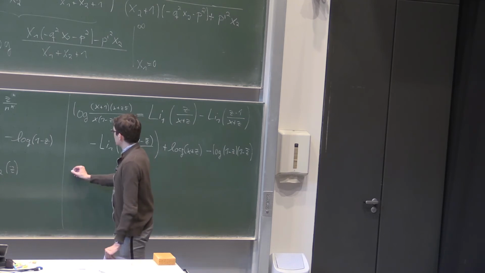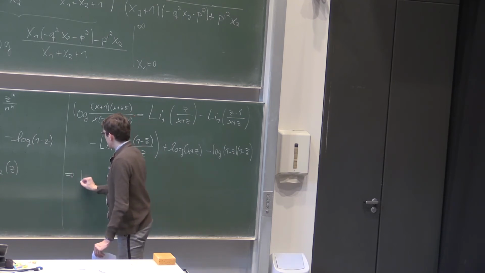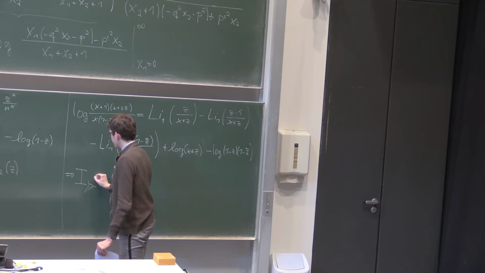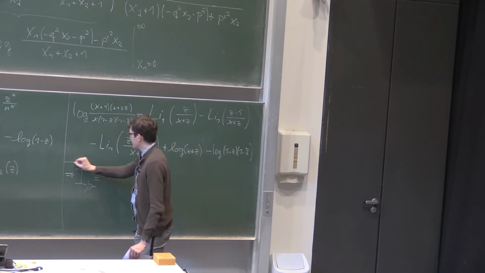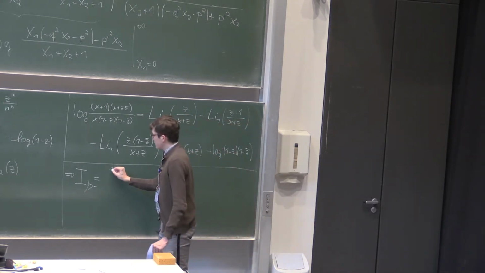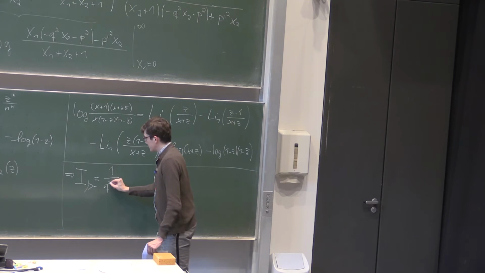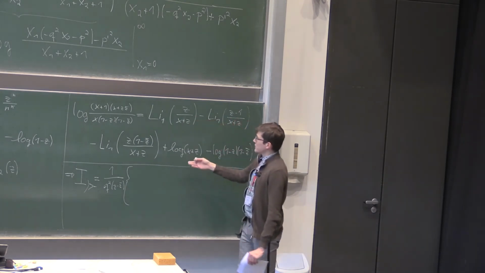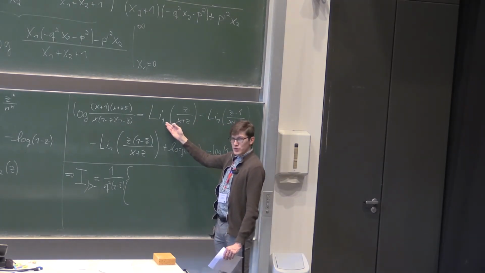Okay. So the conclusion is that the triangle integral that we want to compute is the following. Well, we have this prefactor. Then how do we find a primitive? Well, as I said, we just have to upgrade Li1 to Li2.